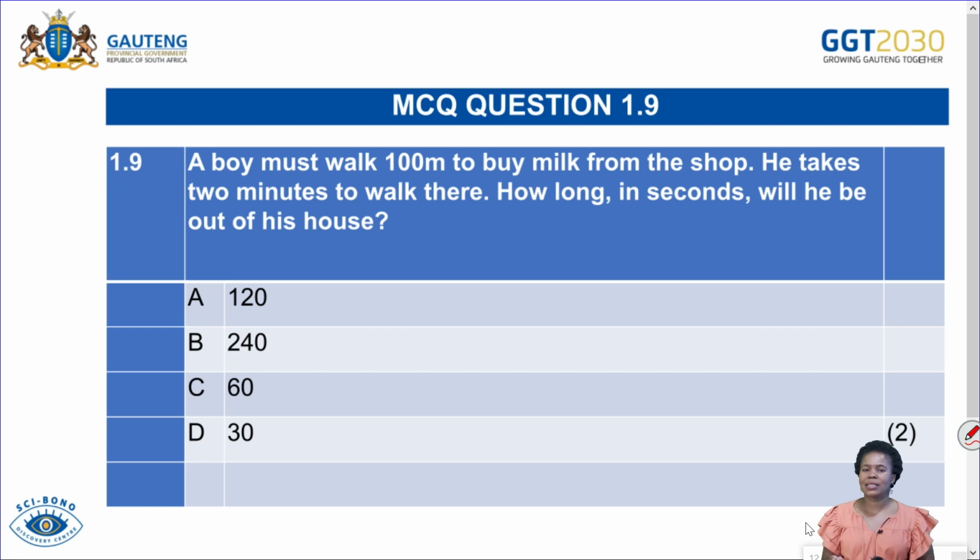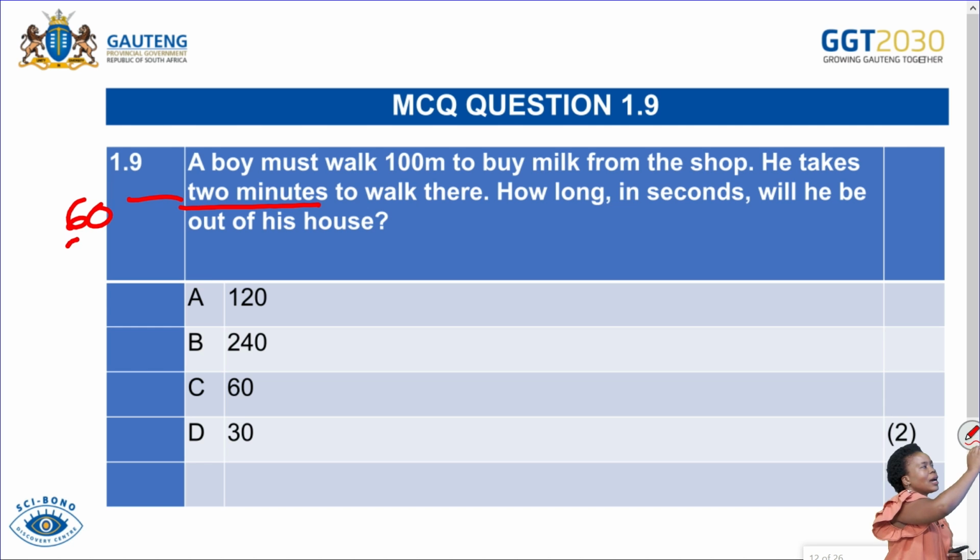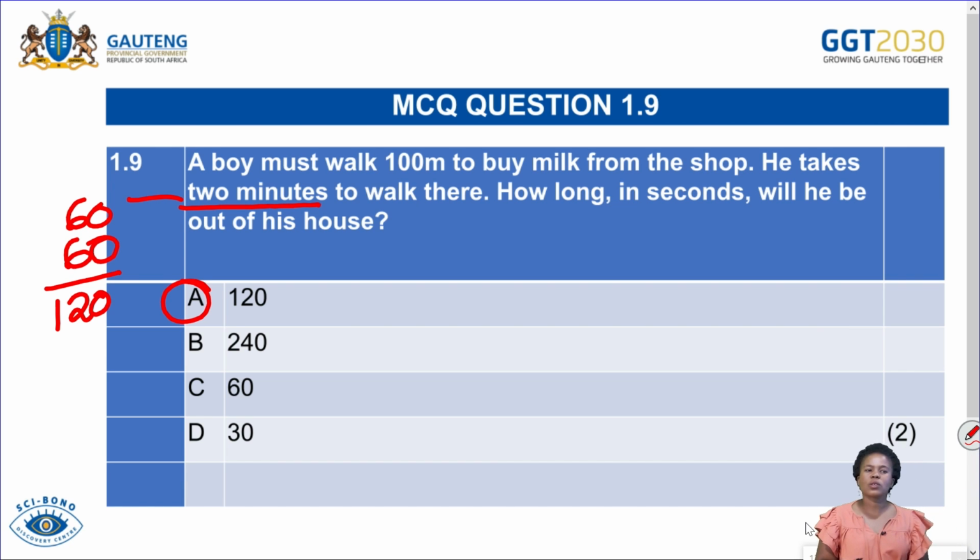You need to realize that 1 minute is equivalent to 60 seconds. But now if you have 2 minutes, you've got 60 and another 60, and this is giving you 120, giving you an option of A. For this one you do need to do your calculations prior to choosing the appropriate answer. Conversions it is.